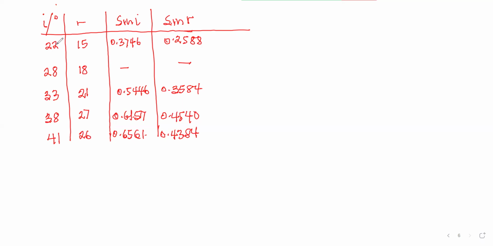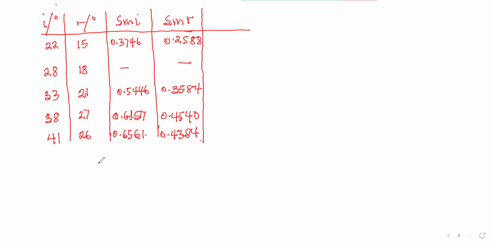The moment you do that, it eliminates indicating the degree within the values. Similarly, R slash degree, so that you don't repeat the unit. Note that sine, cosine, tangent, or logarithm values do not have units. So sine I and sine R do not have units. When you bring units, we'll deduct 1.